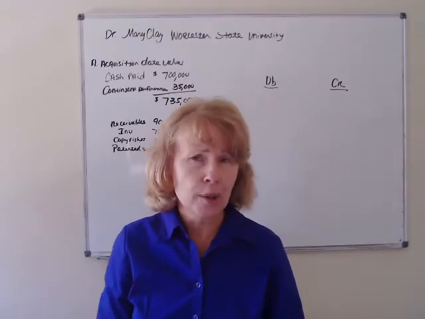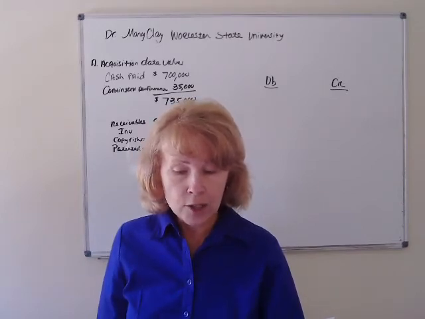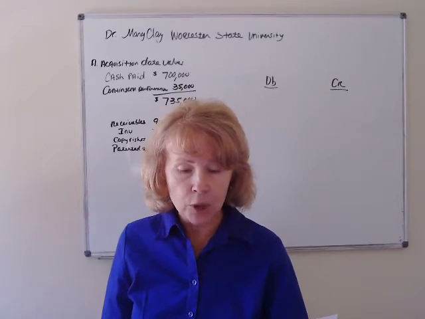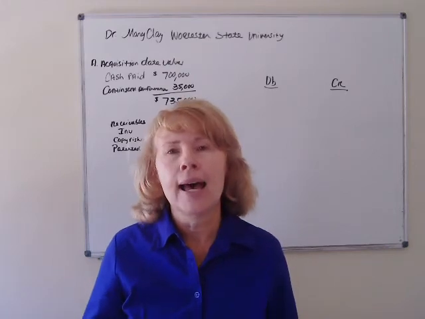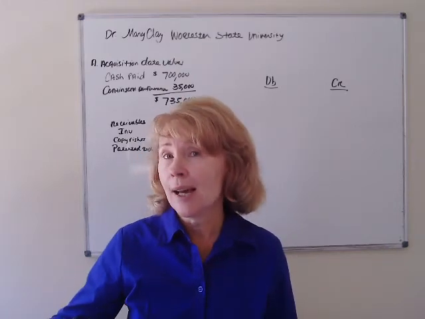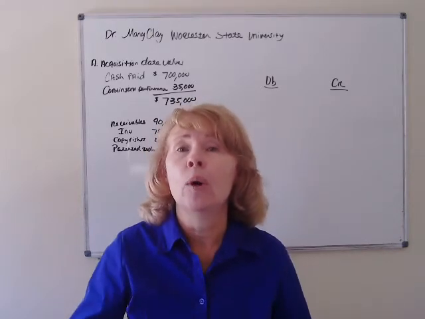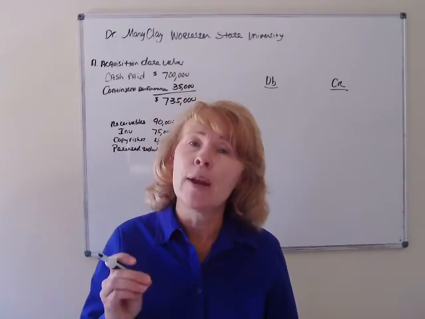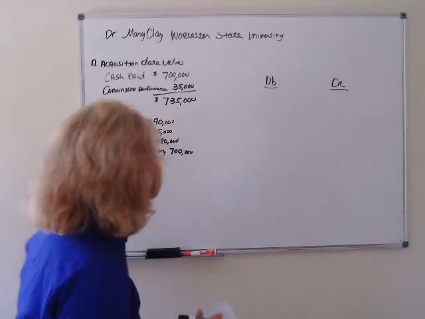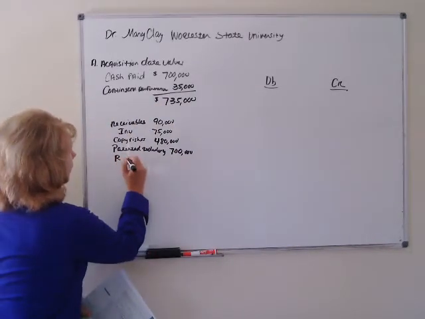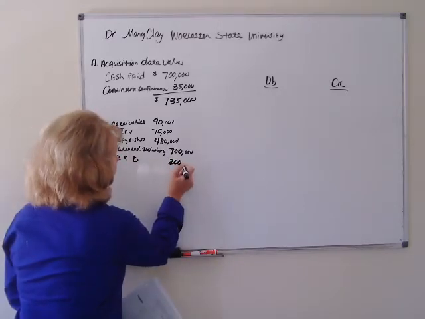Here's why else it's tricky. It says, however, the project has not reached technological feasibility and the project's assets have no alternative for future use. That's tricky. They're just telling us that we would amortize that later on. But for this particular problem, we just care that we're going to capitalize this asset. So I read the word in process. I am going to capitalize that. When I do, that's an asset. So I'm going to go over here, R and D, and I'm going to add 200,000.